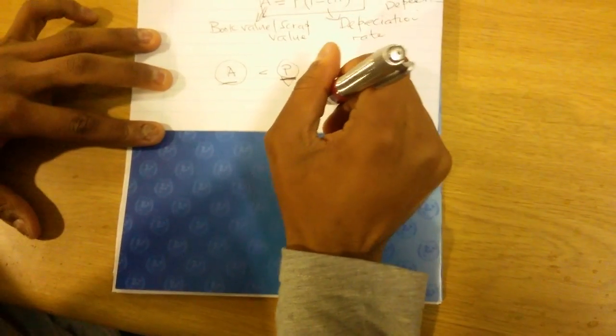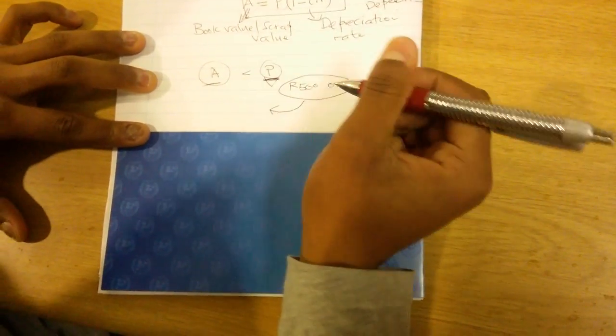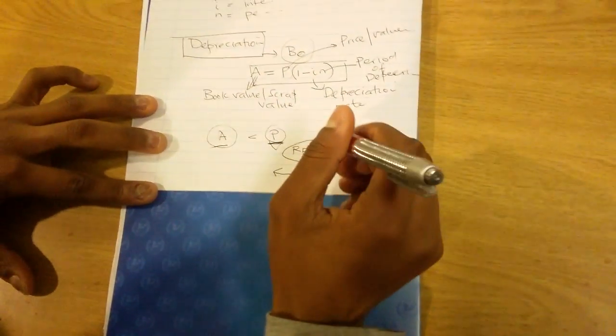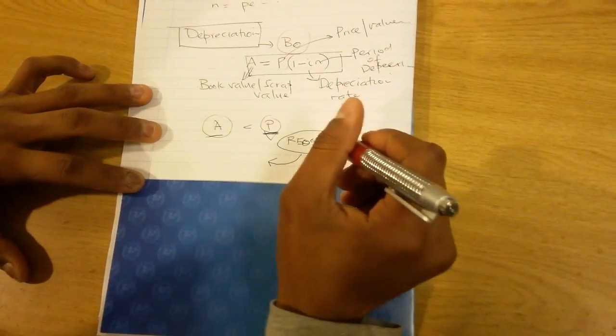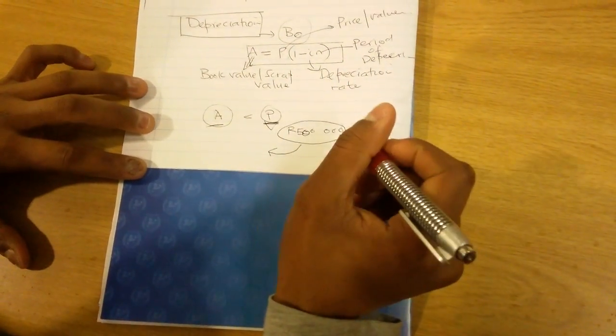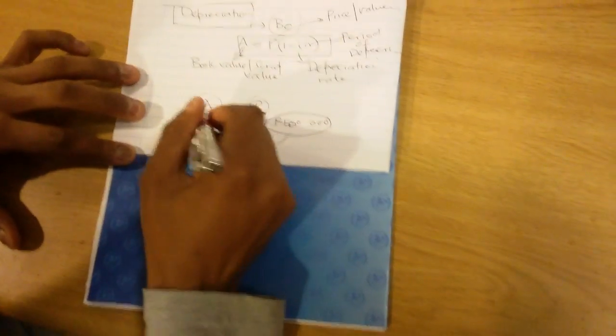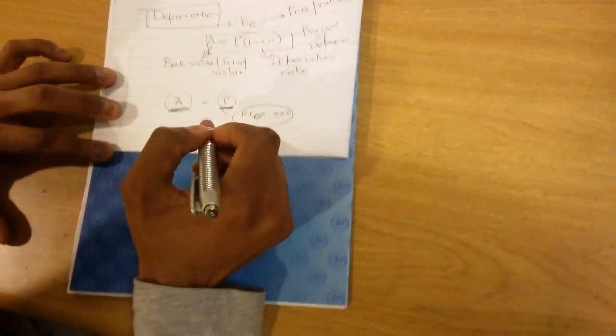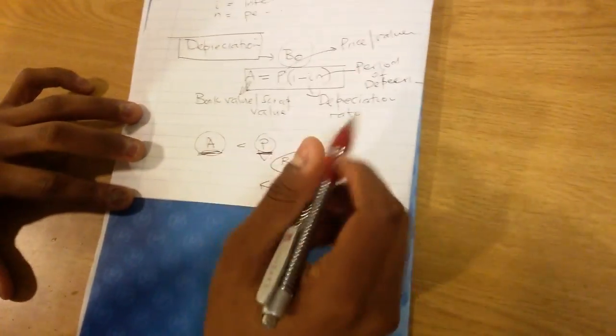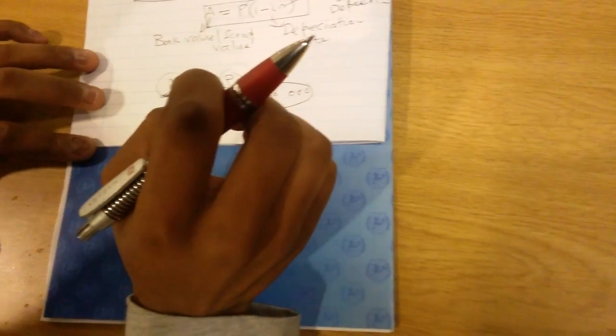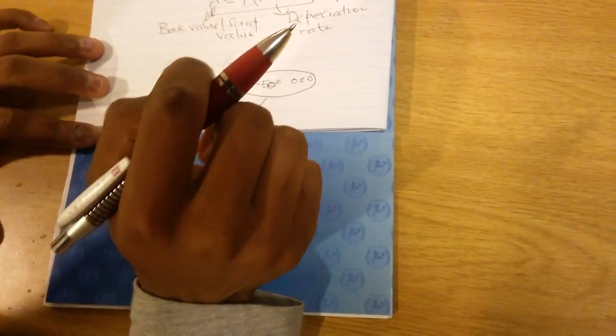When you sell it, you're not going to sell it for a price greater than 500,000 rand because it has already been used. That's why your book value is always less than your initial price, because the value of your asset is decreasing. So that's the concept of depreciation.